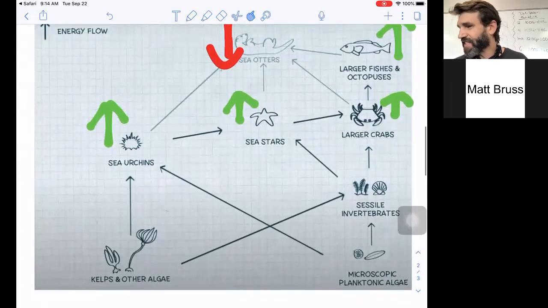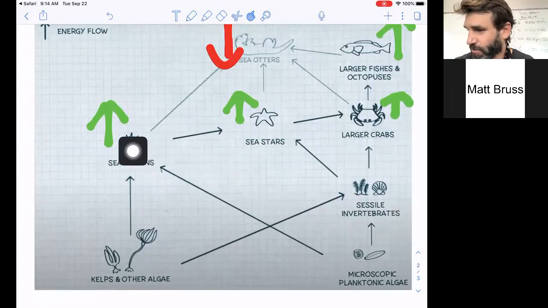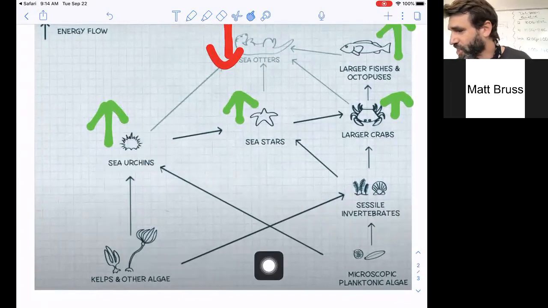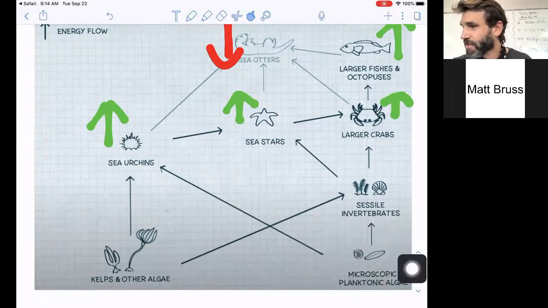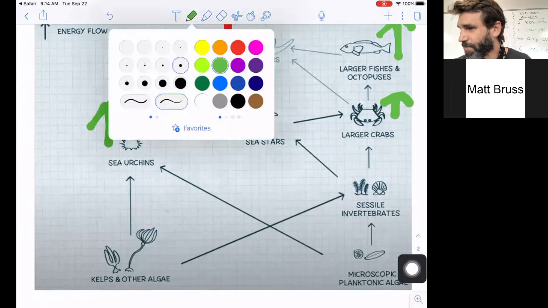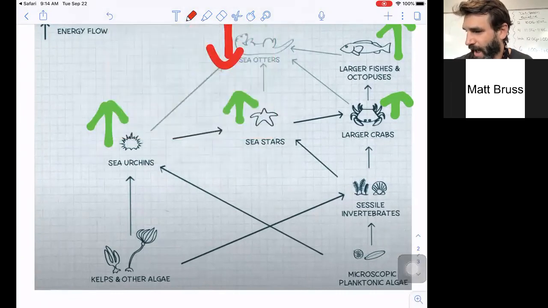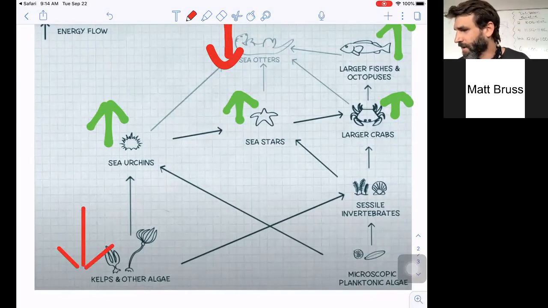Well, now if sea urchin population really goes up, they're gonna start munching on the food that they see down here, right? So if sea urchin population goes up, I imagine that kelp are going to go down. Microscopic plankton are going to go down.